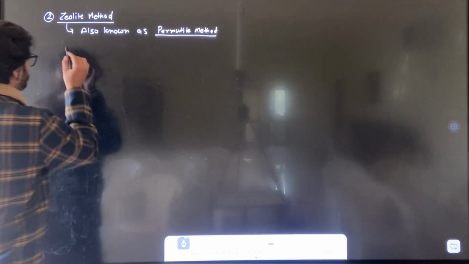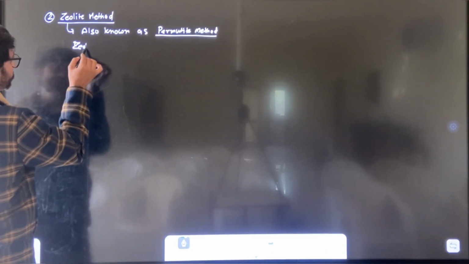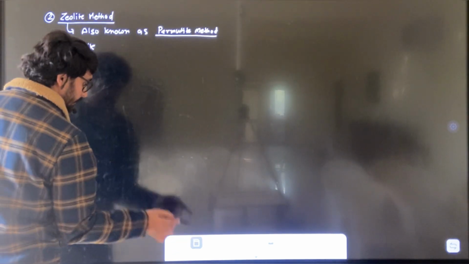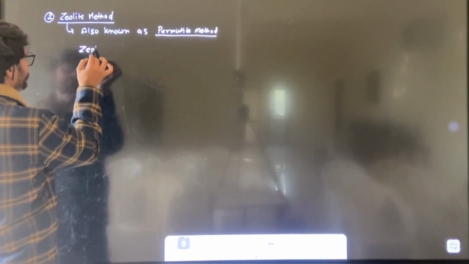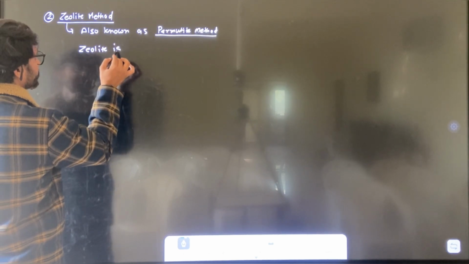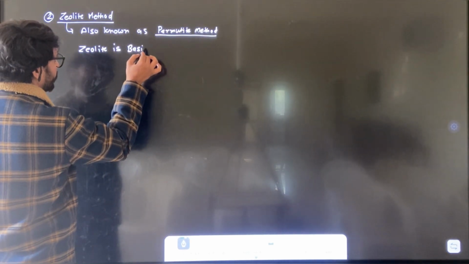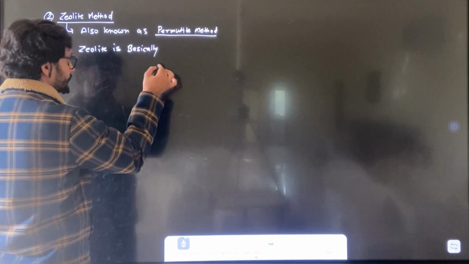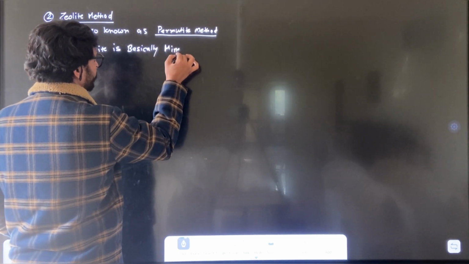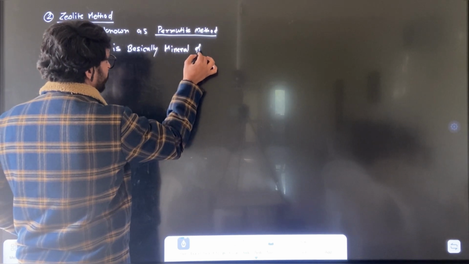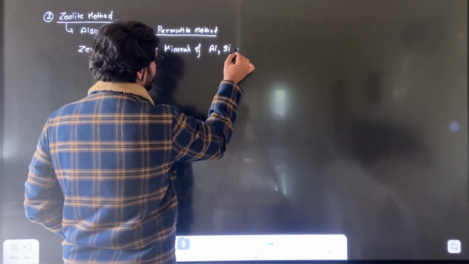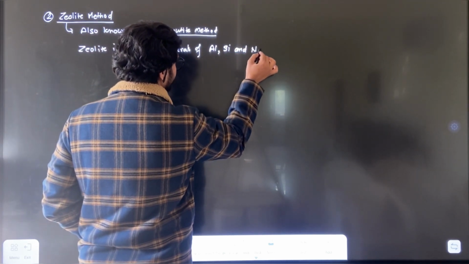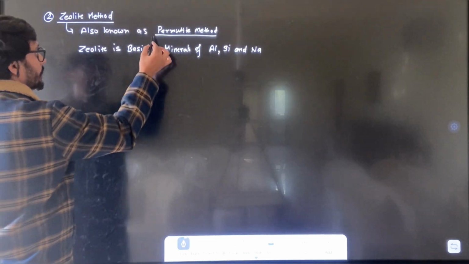Because zeolite is basically a mineral of aluminium, silicon and sodium. That's why we can say that it is permutit.